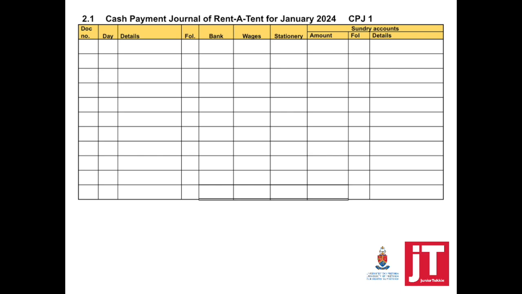Why? Because, if you remember correctly from chapter 2, a bank statement shows all the money that was received and all the money that was paid from your bank account. So your bank statement will also reflect payments that were made.